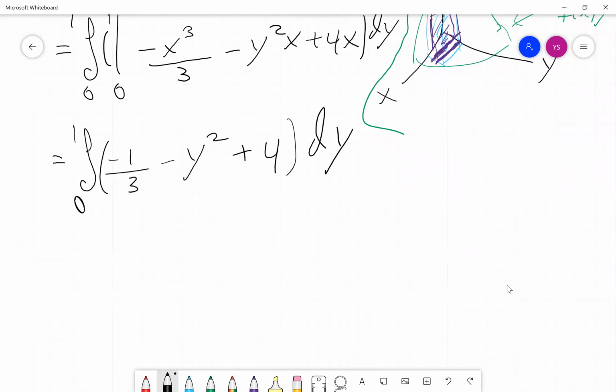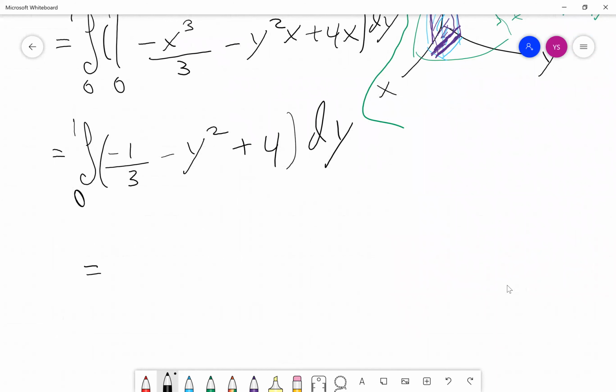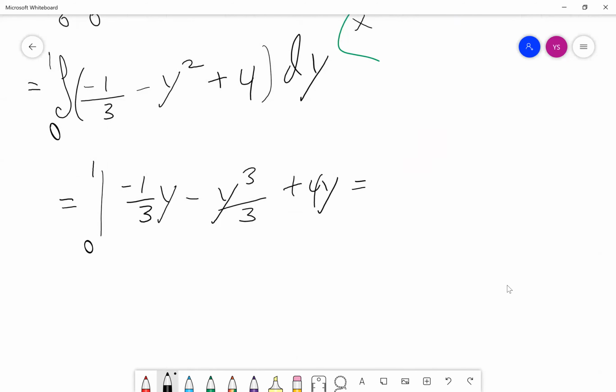So then when we integrate this with respect to y, we get again our bounds 0 to 1, negative 1 over 3 y, minus y cubed over 3 plus 4y. We again plug in our bounds.